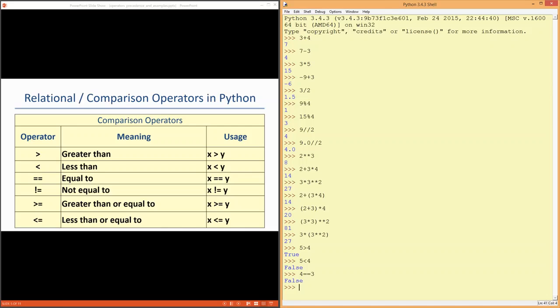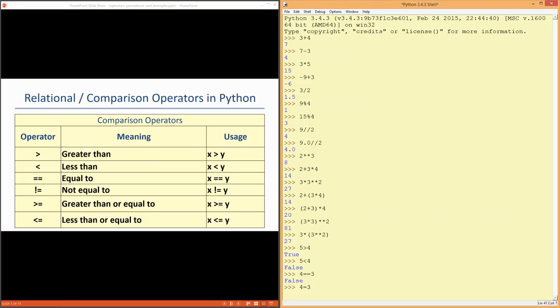One of the mistakes that programmers make at first is to use one equal sign rather than two. Remember that the comparison operator for testing the equality of two operands is two equal signs. One equal sign means an assignment operator. So, for example, if I say 4 = 3, guess what will happen?